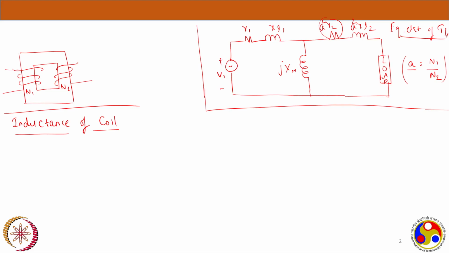Opposition of magnetic flux. No, inductance doesn't really oppose anything. Opposition of rate of flow of current. No, rate of flow of current is something different. Flux linkage per unit current. Yeah, someone has said it correctly.